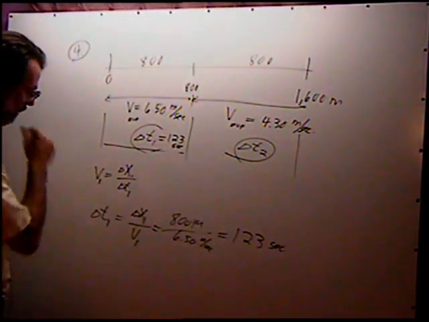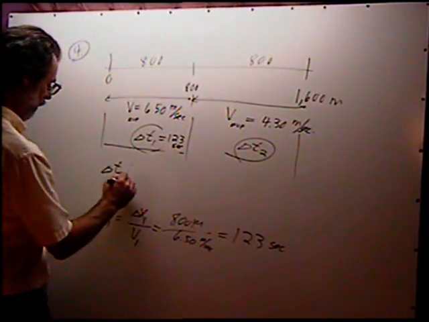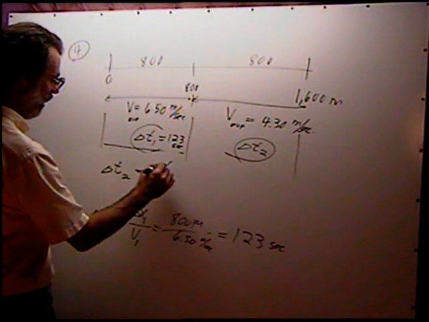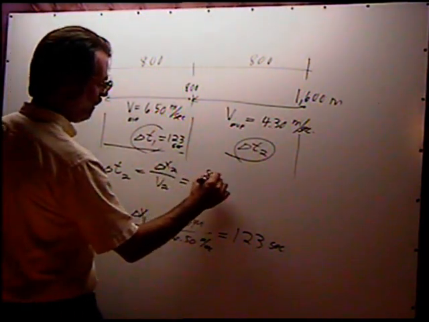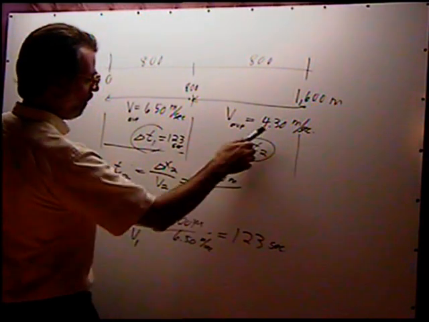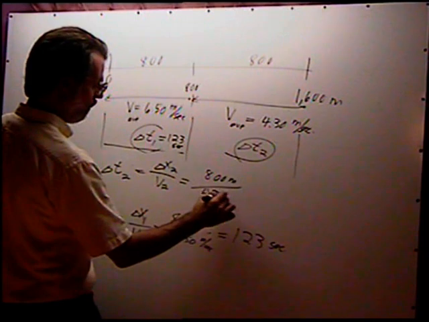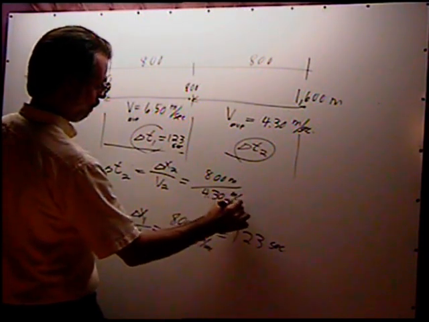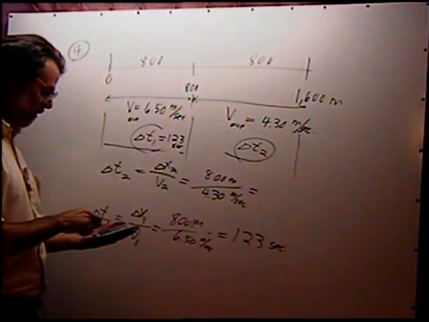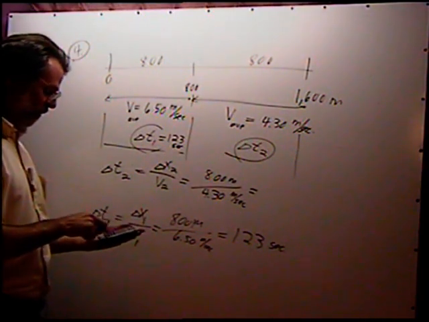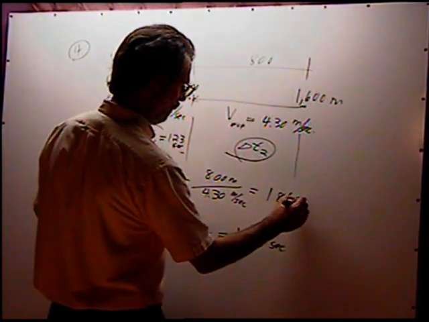T2 likewise is delta x2 divided by v2. Again, 800 meters, but the velocity is different, divided by 4.30 meters per second. 800 divided by 4.3 is 186 seconds.